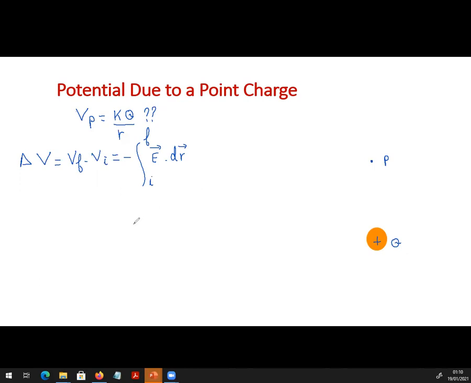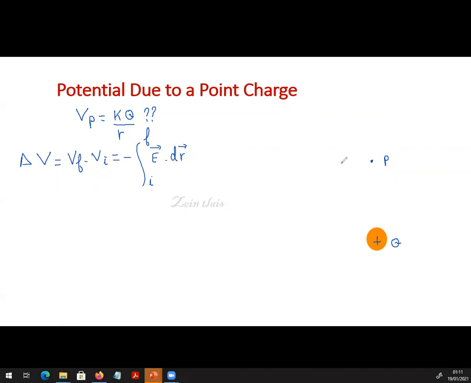Now I need to specify where the initial and the final points are. This is the most important point. You have a point here, P. P can be the initial position or it can be the final position.